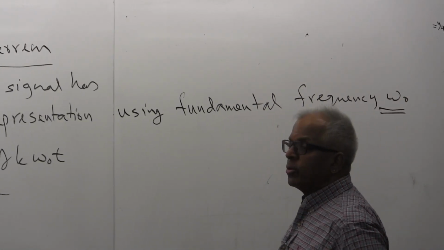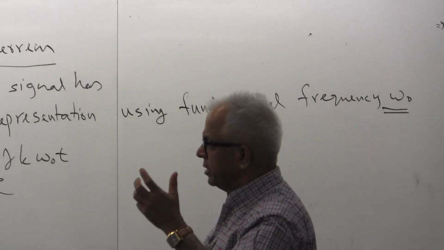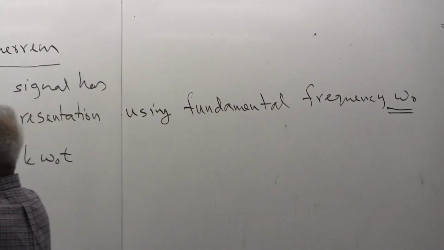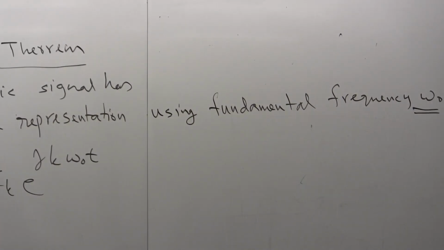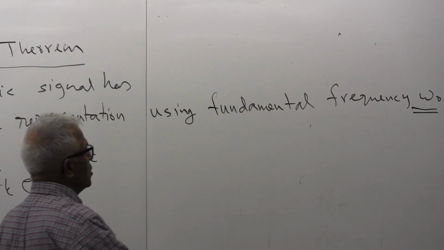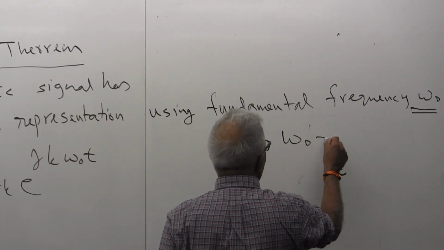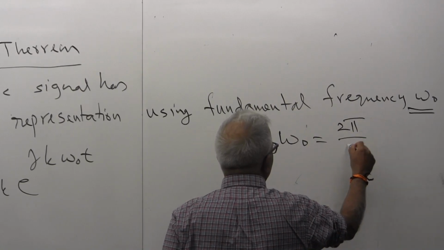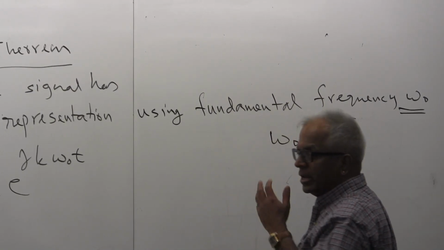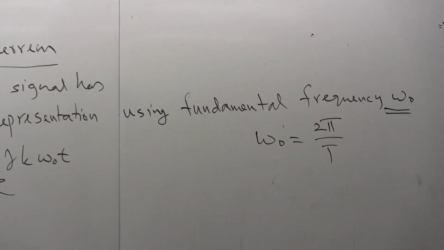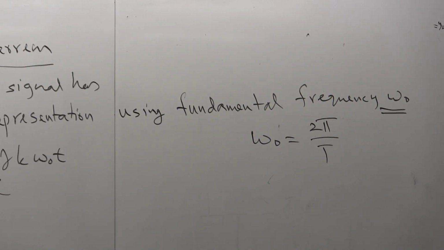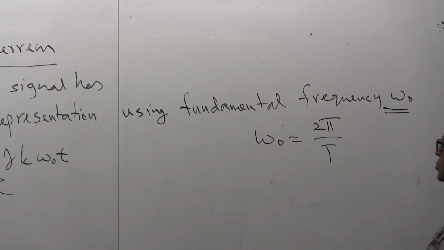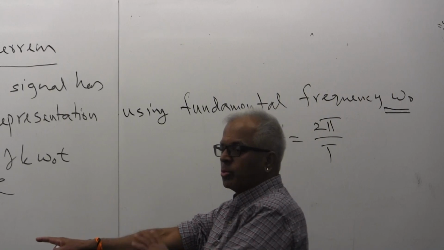For every periodic signal, we know there is a period. That's very physical. The period is the duration after which the information repeats. And the fundamental frequency omega naught is defined as 2 pi over T. So 1 over T is a frequency, and T is a duration. So Fourier's theorem is that every periodic signal has a discrete representation using its fundamental frequency. This is what he means.